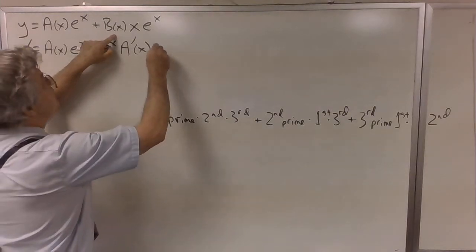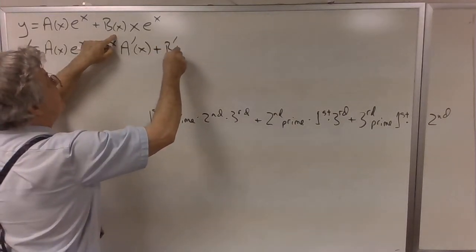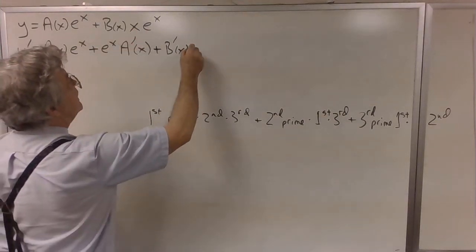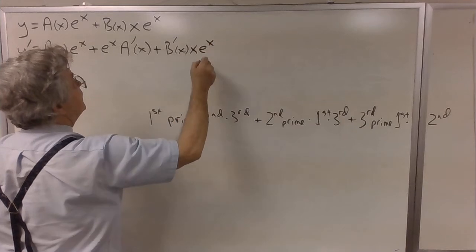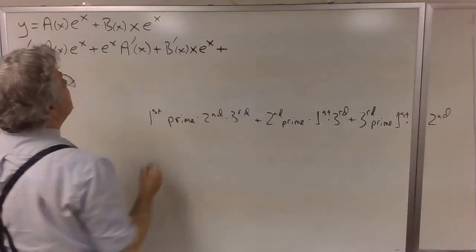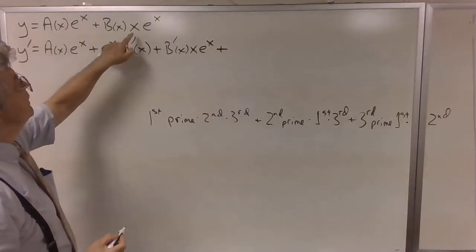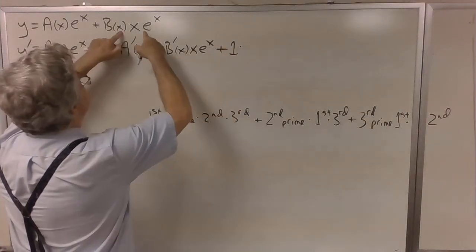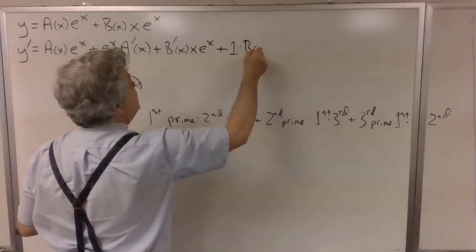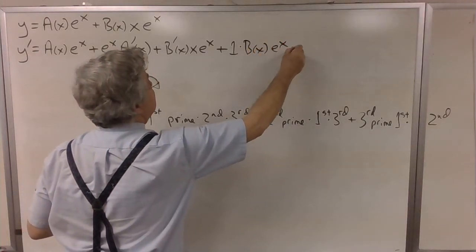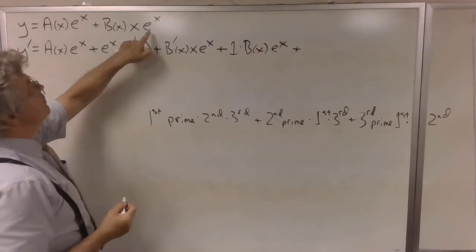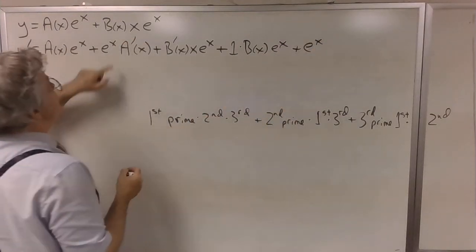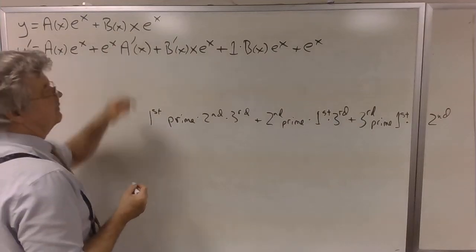So we have first prime times the other two, x e to the x, plus we have the second prime, which is 1, times the other two, b of x e to the x, plus the third prime, that's e to the x, times the other two, b of x, x.